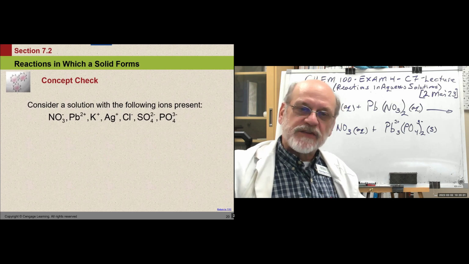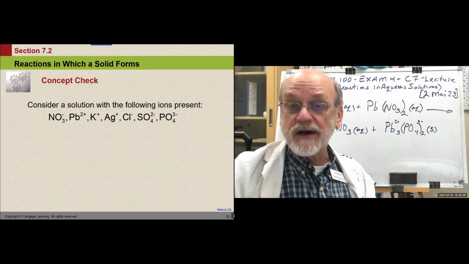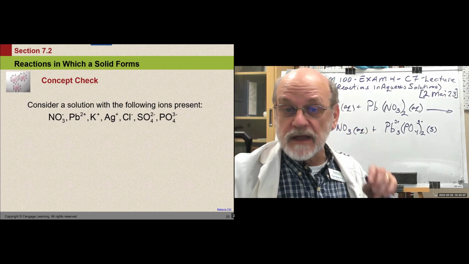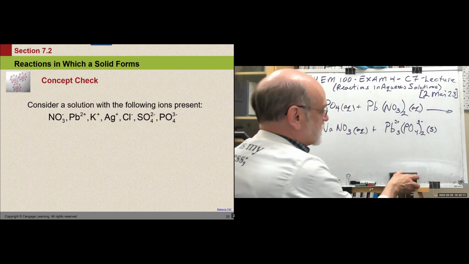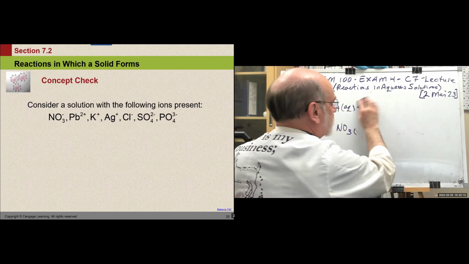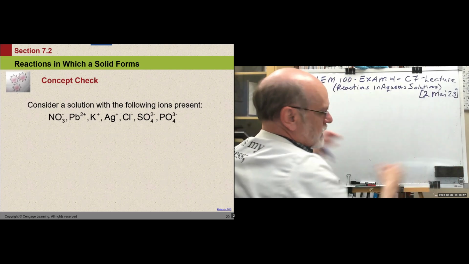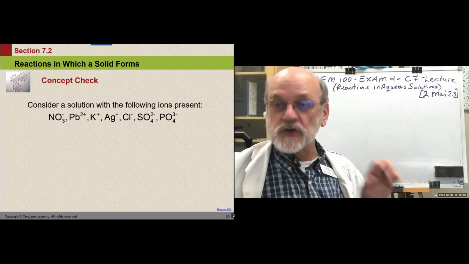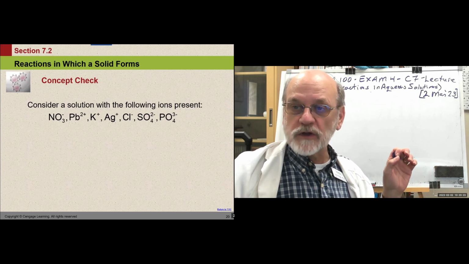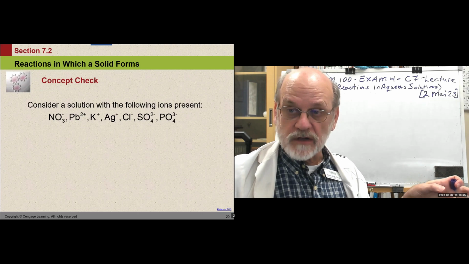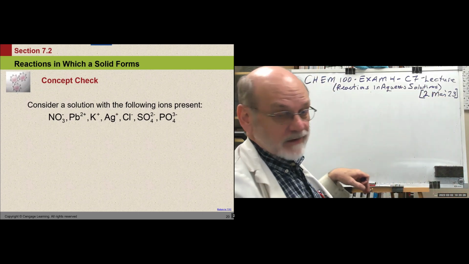All right. Suppose we only give you a mixture of ions. Can you tell which ones will form a solid? In this case, it's useful to form a chart. We'll do like the solubility chart, and put the cations across the top and the anions down the left-hand side.